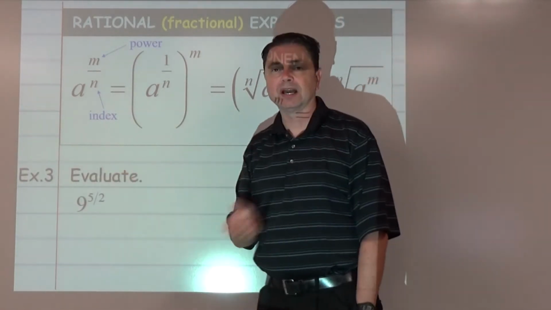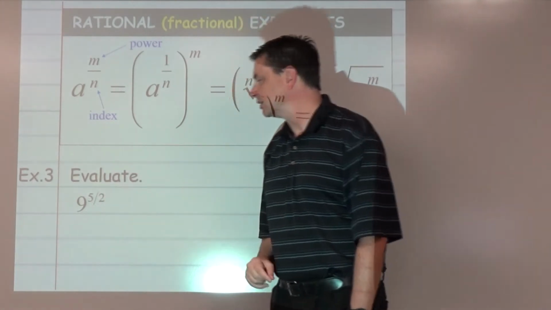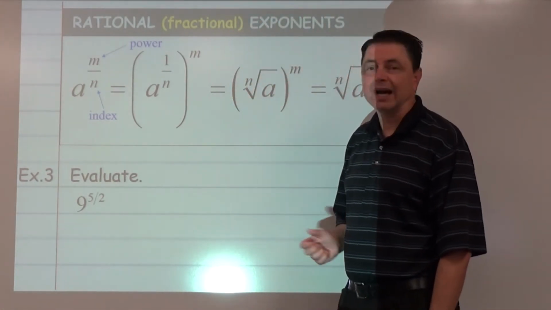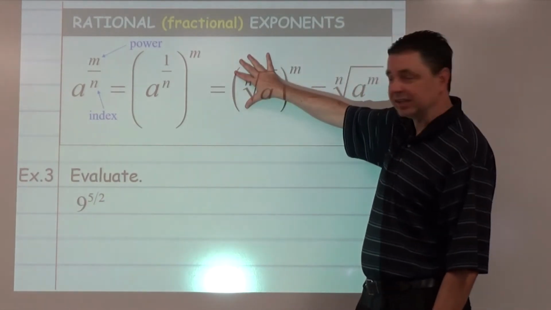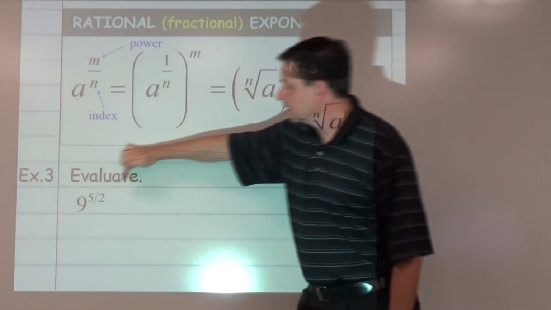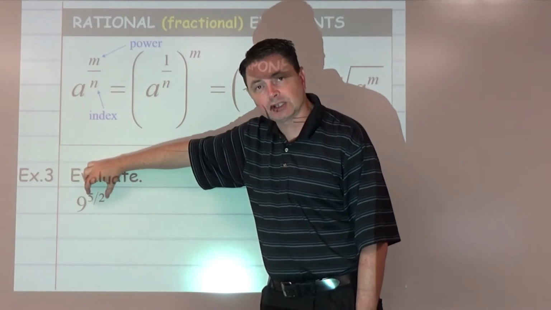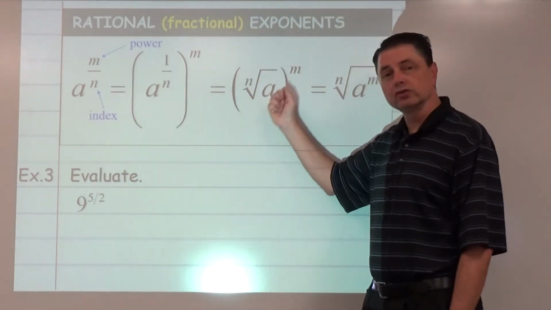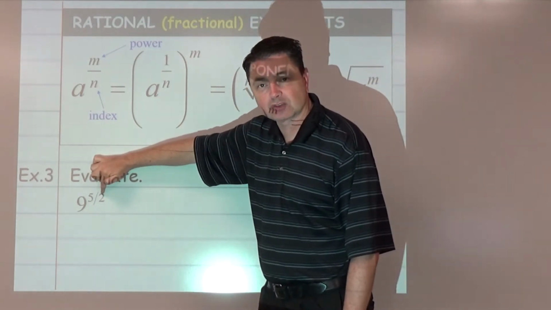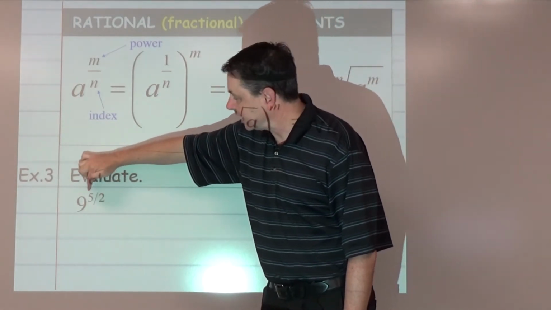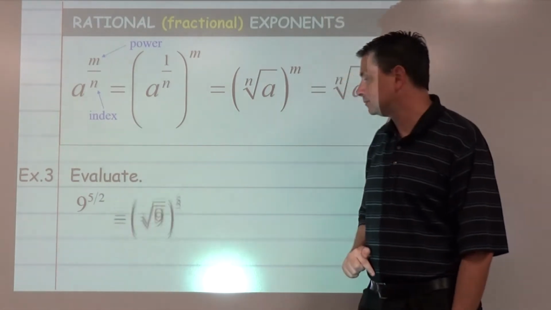So if we can, without a calculator, evaluate this, 9 to the power of 5/2, we're going to want to change that into this notation. Since the exponent is a fraction, we're going to rewrite it in terms of radicals, roots. That tells us which root to take. So we're going to take a square root, and then we're going to raise to the 5th power.